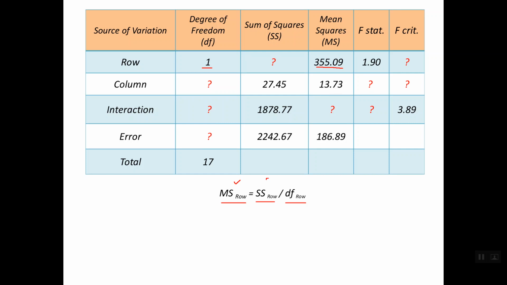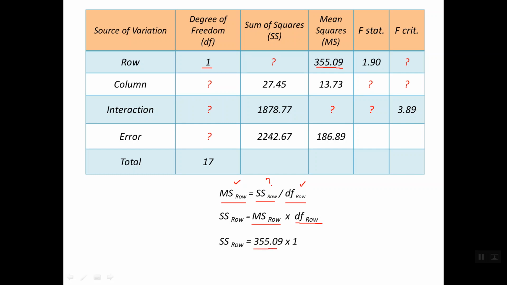The value of the SS for the row is missing, and the value of the degree of freedom for this factor is already known. So if you rearrange this formula to solve for the SS for the row, we simply multiply the mean square for this factor by the degree of freedom for this factor.